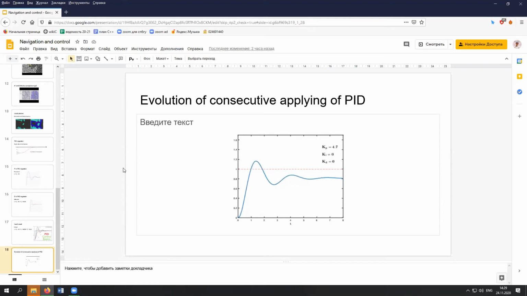Of course, there are some algorithms that try to do the same thing as a PID regulator, but in general, it is the most powerful algorithm for returning to the trajectory. So basically, that is all. There is nothing more complicated in the moving of the robot. Yes, we have to plan the trajectory, and we have to keep this trajectory.